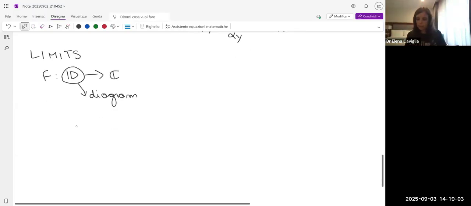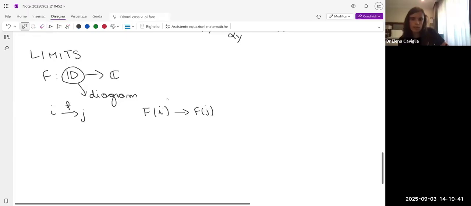So if we now have a morphism in D, let's say we call the objects of D little i, little j, and so on, because they are like parametrizations somehow, so it's standard notation. Suppose we have a morphism f from i to j in D. What is going to happen is that this morphism f will be sent into F of f, from F of i to F of j.